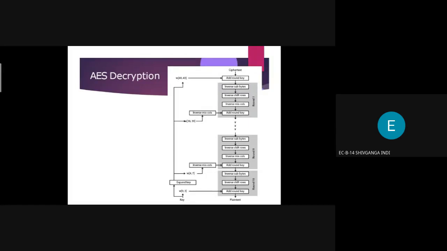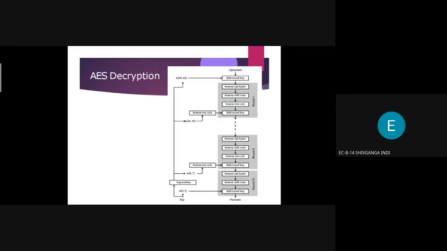Again, the AES algorithm consists of two things: encryption and decryption. In the encryption process, we convert the plain text into the ciphertext, and in the decryption process, we convert the ciphertext into the plain text. By using these techniques, we can secure our information more properly.